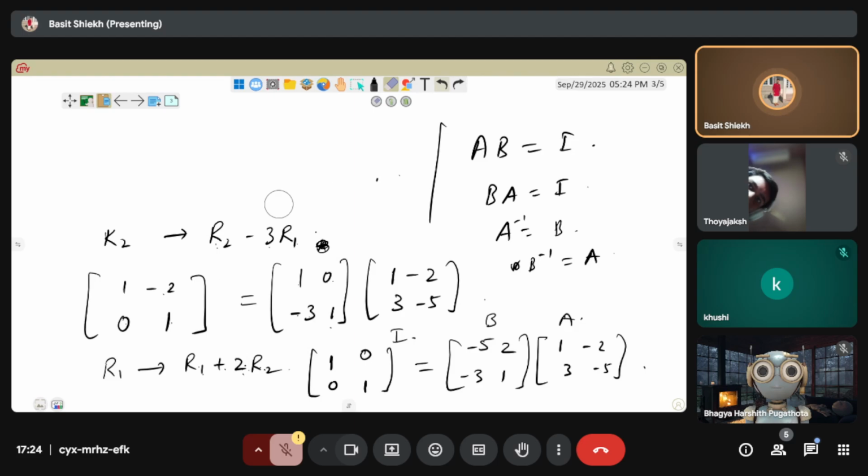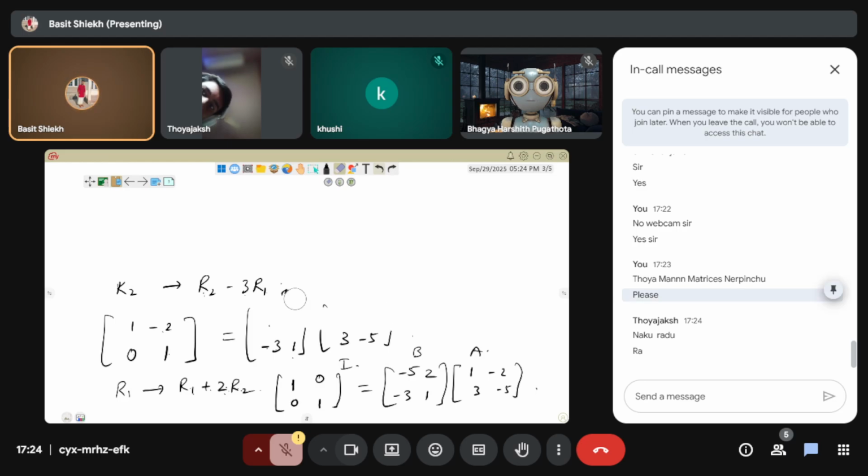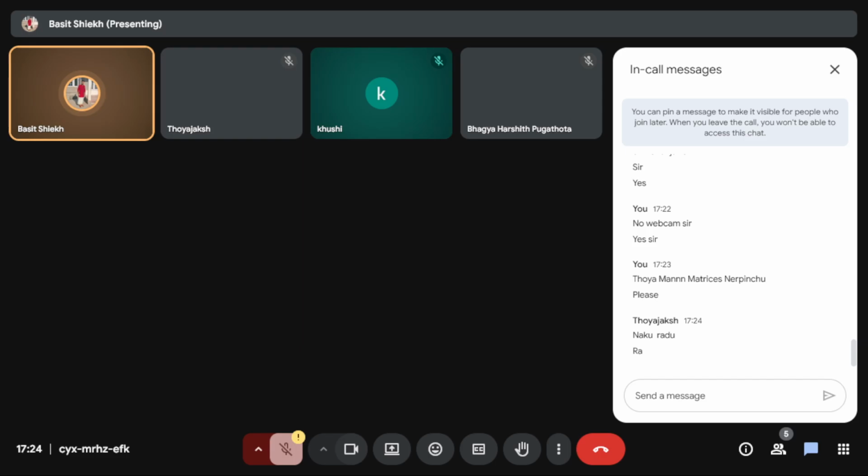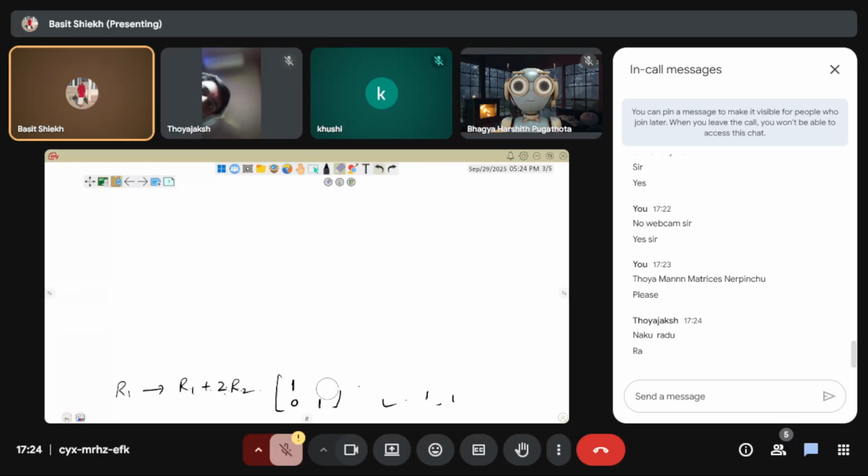This system of three linear equations in three variables can be represented by a matrix and solved by the matrix method in this manner.